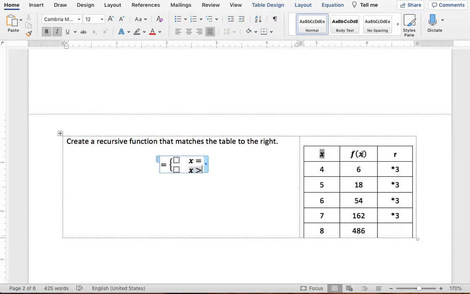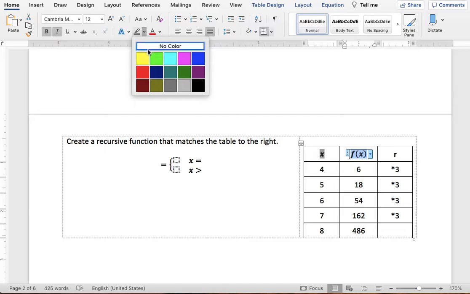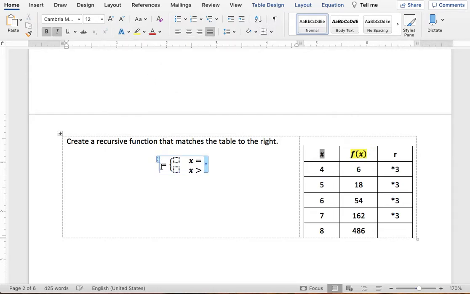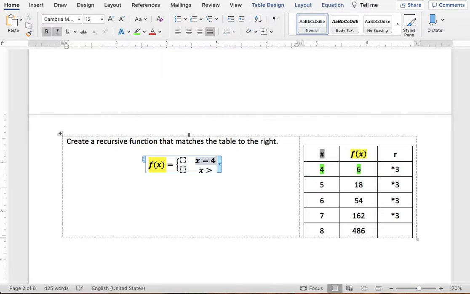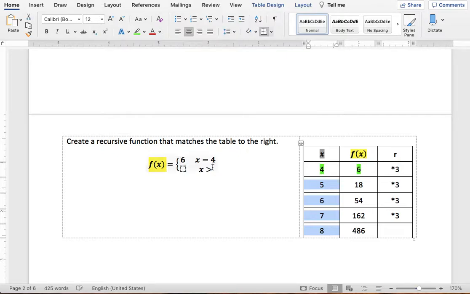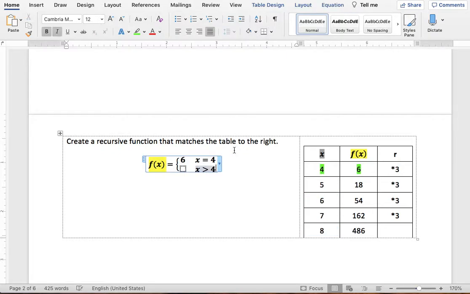I know my independent variable is f of x, so f of x. All right, and I know my beginning values is when x is equal to 4, my y or my f of x is equal to 6. There we go. And since then it goes 5, 6, 7, 8, those are all numbers greater than 4.